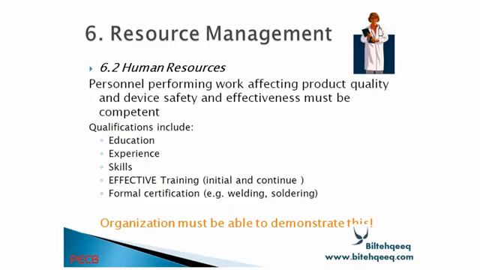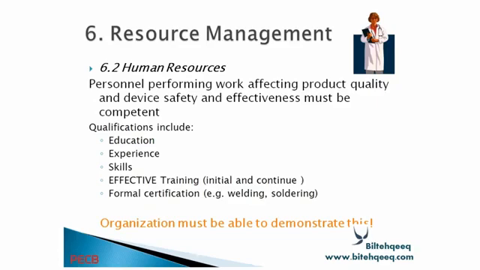Human resources are a main resource, and this includes personnel performing work affecting product quality, device safety and effectiveness, who must be competent. So all the humans who are performing different activities must be competent in terms of their education, their experience, their skill, and they must have been trained effectively, and they must have formal certification for their job.